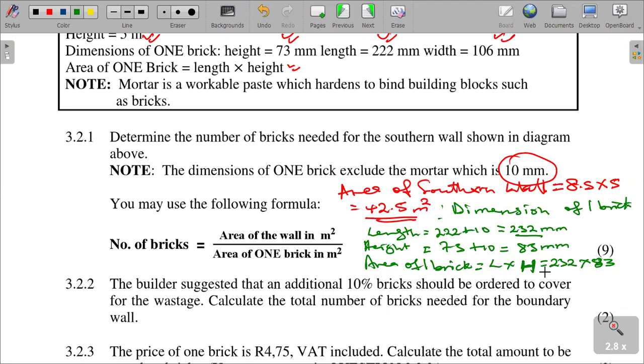Therefore, it's going to give us 19,256 square millimeters.